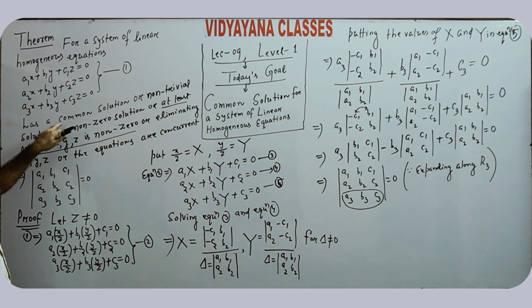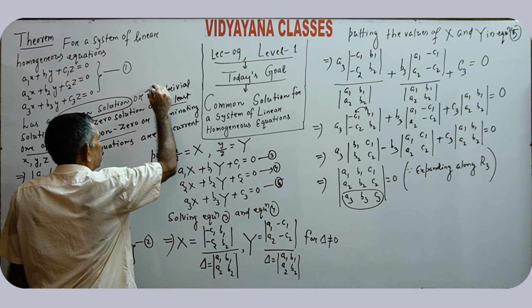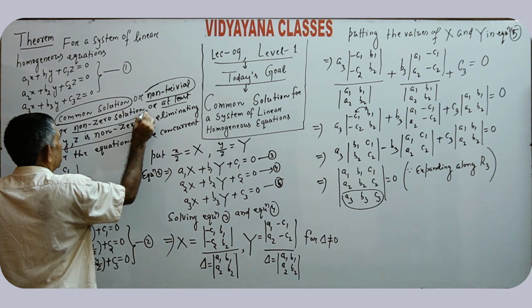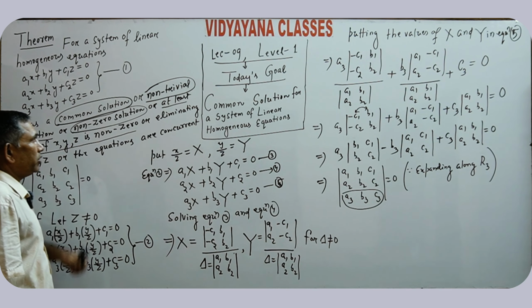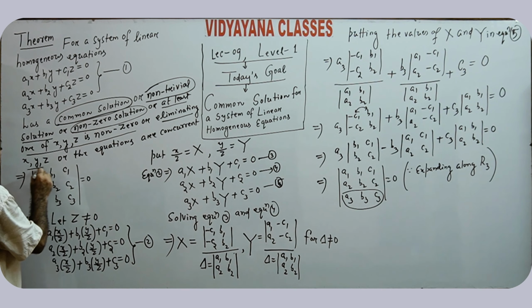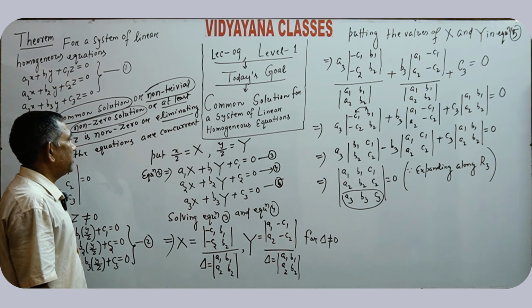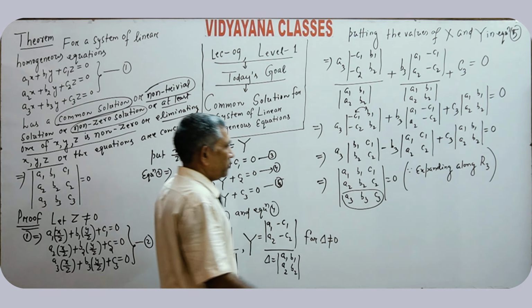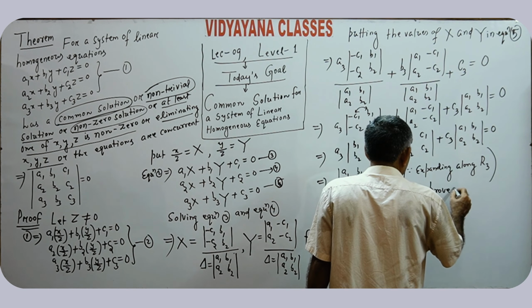The system of equations has a common solution, or a non-trivial solution, or non-zero solution, or at least one of xyz is non-zero, or eliminating xyz from the system of equations, that means the system of equations are concurrent, implies the determinant of the coefficients is equal to 0. Hence the statement is proved.